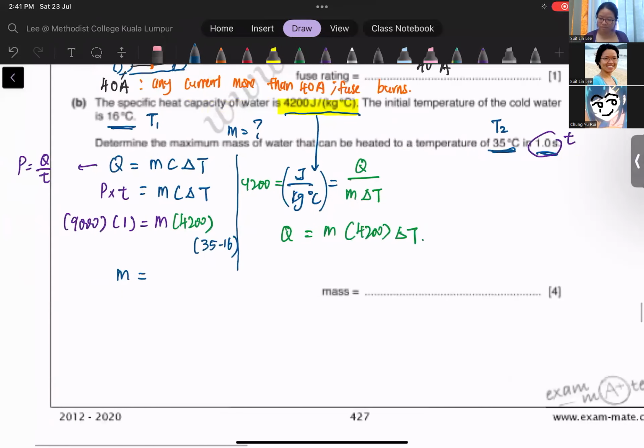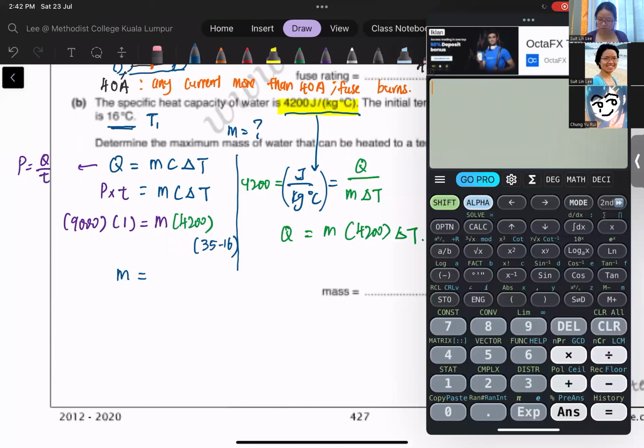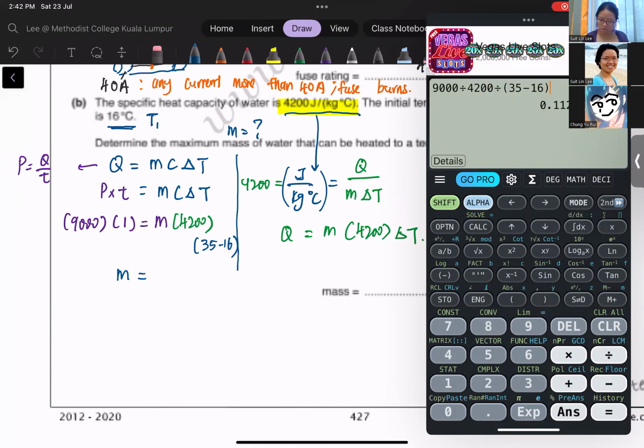So 9,000 divided by 4200 times 35 minus 16. Okay, so 0.113 kg.